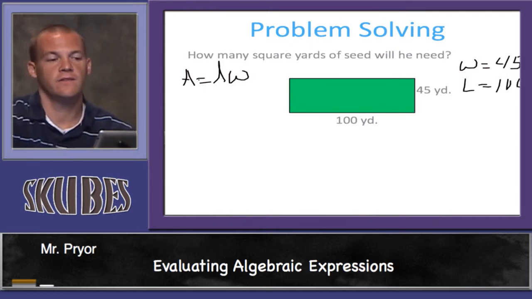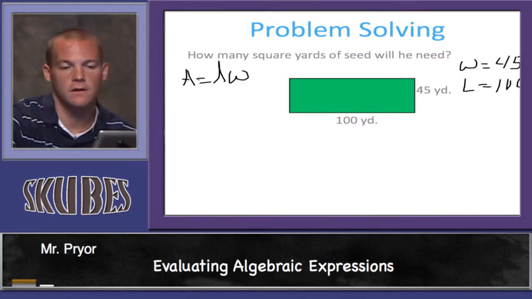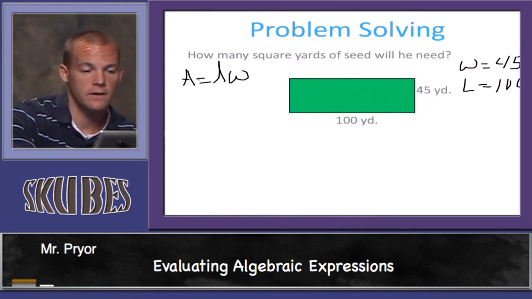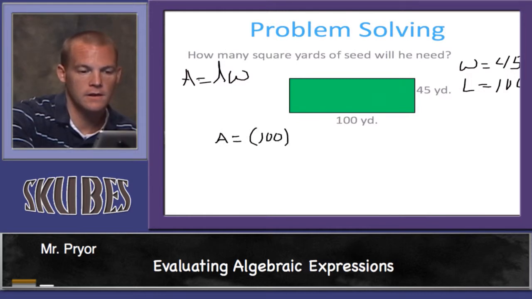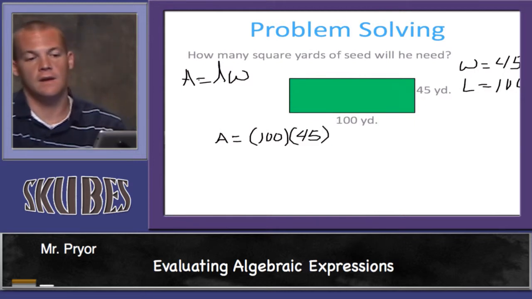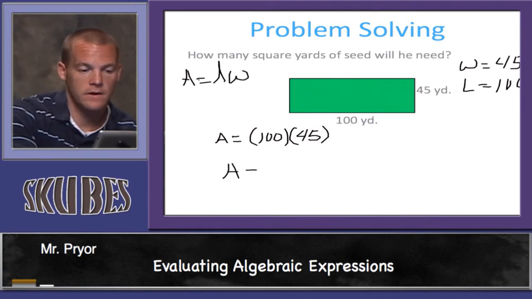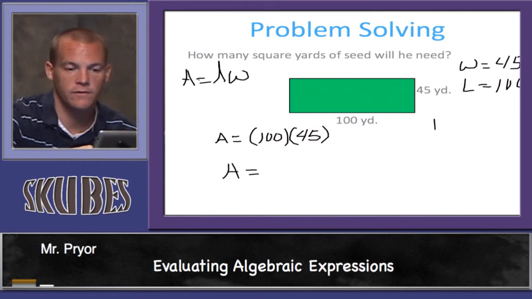All right, so just as before, we can take our values and substitute them into our formula. So area is going to equal 100 length times 45 width. And of course, then we'll need to solve that. So area is going to equal 100 times 45. So off to the side here, we'll work that out.